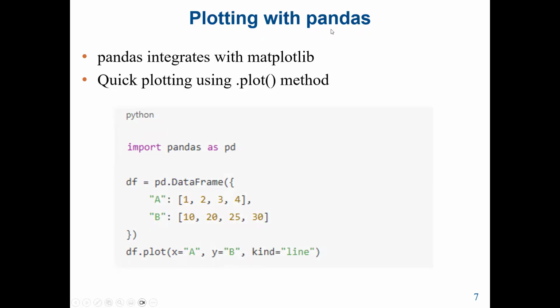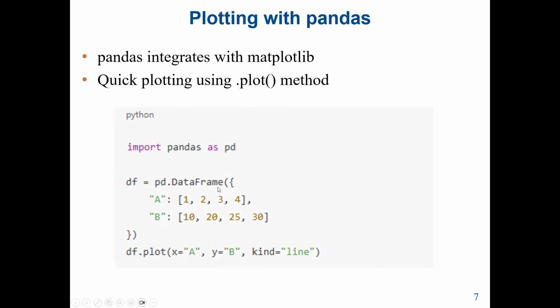So here we are plotting with pandas now. As we said, pandas integrates with matplotlib, and then quick plotting using the dot plot method also. So here we import pandas, we change the alias name as pd.